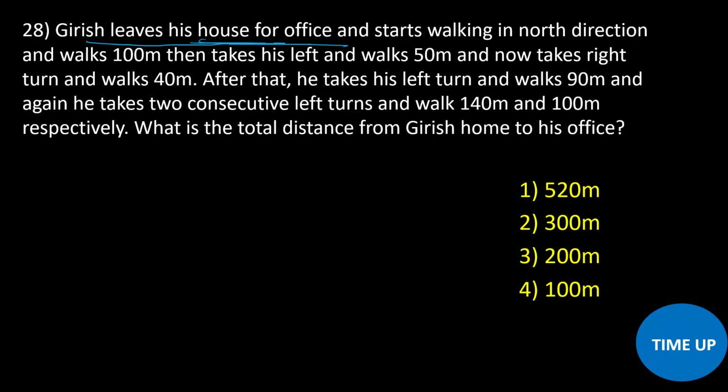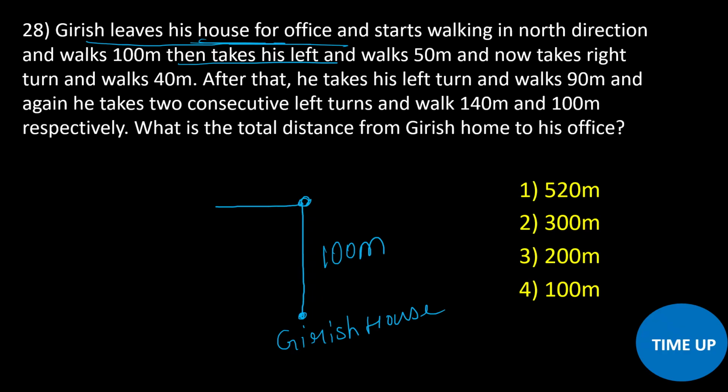Suppose this is Girish. This is Girish ka house. Okay. And he walks north direction for 100 meter. Then he takes his left and walks 50 meter.